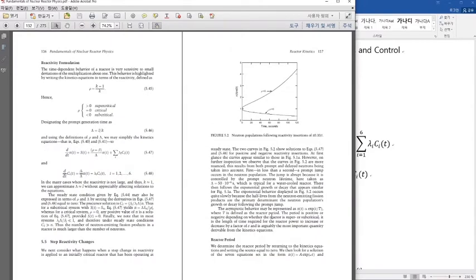And here we introduced reactivity. So reactivity is defined as (k minus 1) over k. And by introducing this reactivity, now the simultaneous differential equations are rewritten in terms of reactivity and this capital Lambda, the prompt generation time. And how can you solve this?